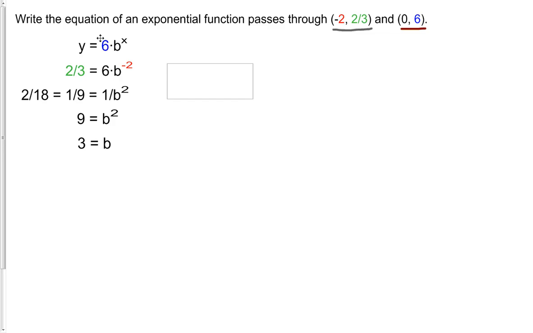Since we knew that a was 6, because we used our shortcut, and b is 3, we write our final equation, y equals 6, that's our y-intercept, times 3, our calculated value of b, raised to the x power.